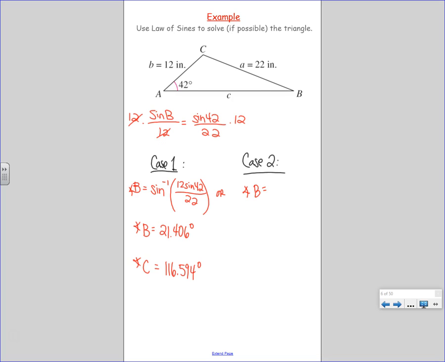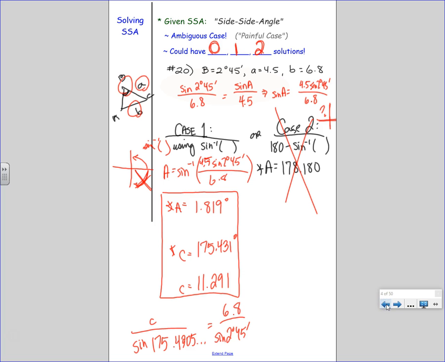If you're a highlighting kind of person, a starring kind of person, a colored pen makes me study things kind of person, I would go back right here and highlight: case 1 uses just sine inverse, aka it just looks in quadrant 1. Case 2 needs 180 minus sine inverse. So ambiguous case, SSA, case 1, we just do sine inverse and go with it.